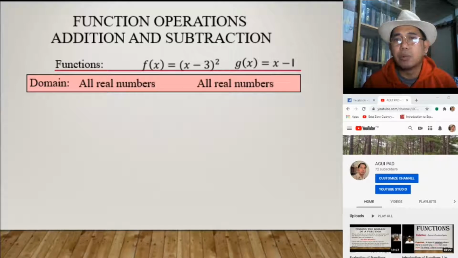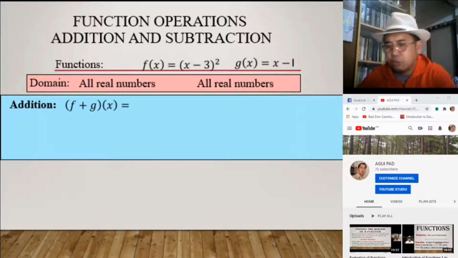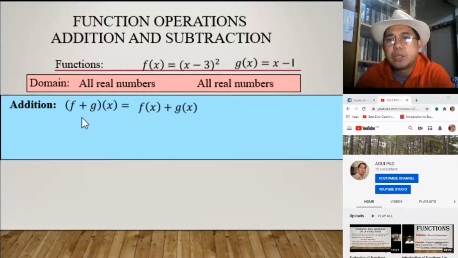So after knowing the domain, we can now go to the operation, shall we say the addition. Again, in the addition of functions, we need to consider this notation. Function f plus function g will give you a result of f of x plus g of x.